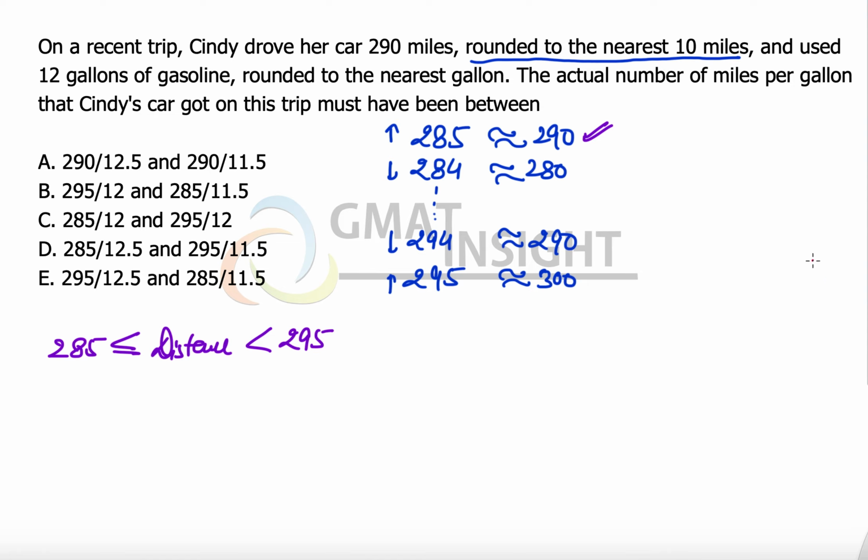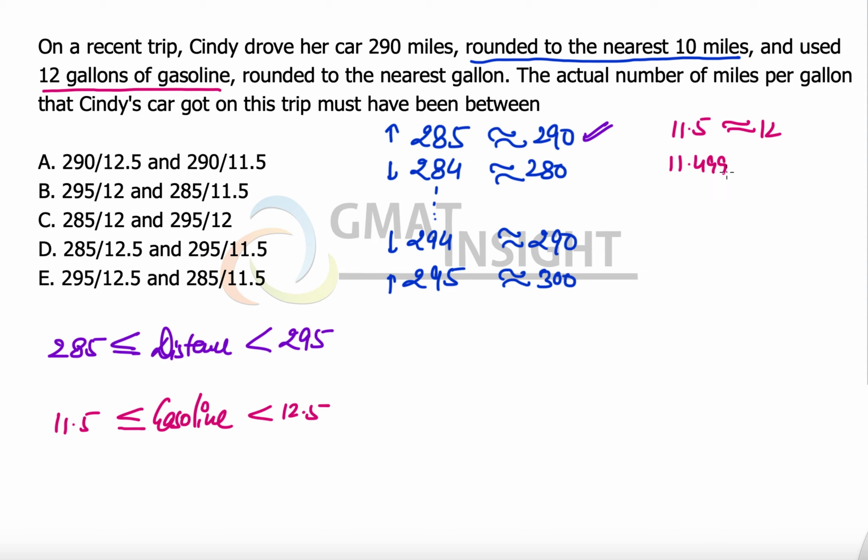And now the second information is that she used 12 gallons of gasoline, rounded to the nearest gallon. So the gasoline used, in a similar way, must have been less than 12.5 but greater than or equal to 11.5, because 11.5 when rounded to the nearest integer becomes 12. 11.499 rounded to the nearest integer becomes 11, and 12.4999 rounded to the nearest integer becomes 12. 12.5 rounded to the nearest integer becomes 13.